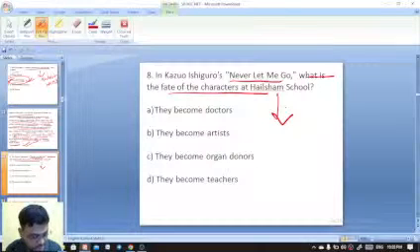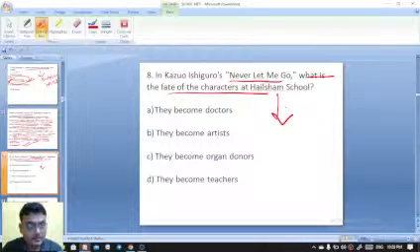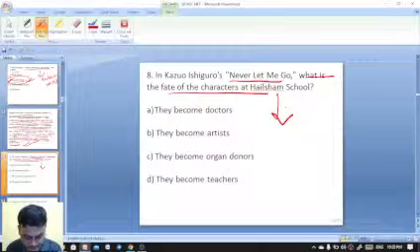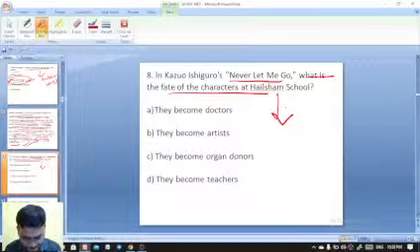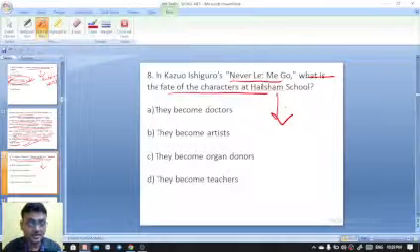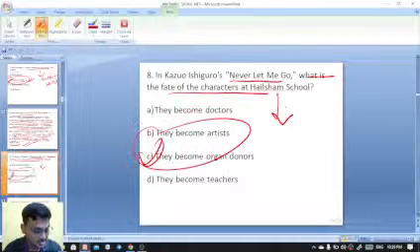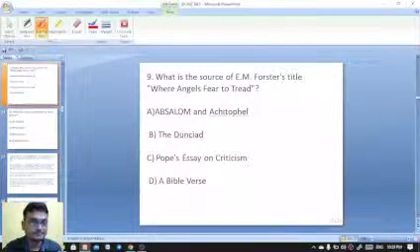Let me see how many of you are able to answer this question correctly. Yeah, exactly, Saurabh, Subhranshu. They became actually, they became what? They became organ donors. C is the right answer.